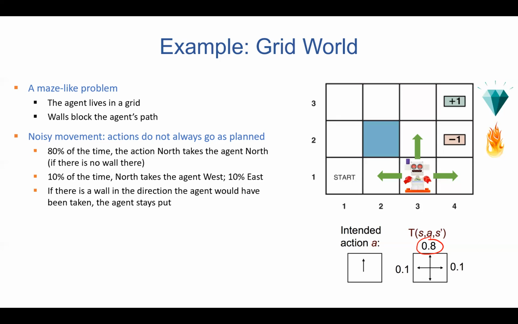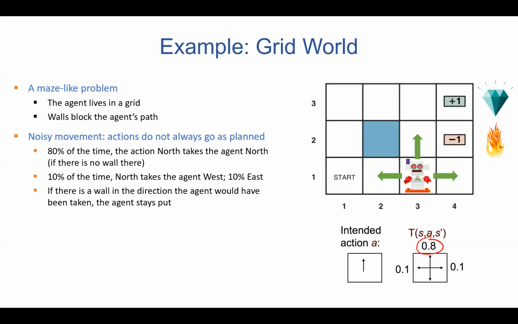So just like in expect-max, at each arc there is a probability involved. We say that 80% of the time, if the agent wants to move north, it actually will get to north. But there is a 10% chance that it might go right, clockwise, go east.